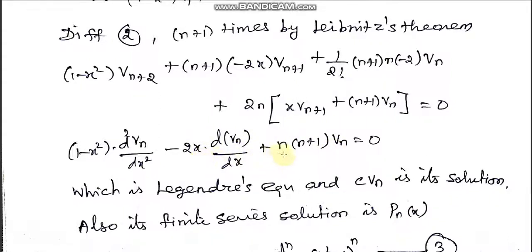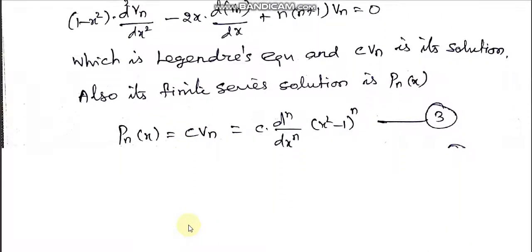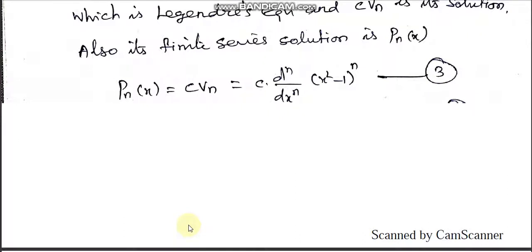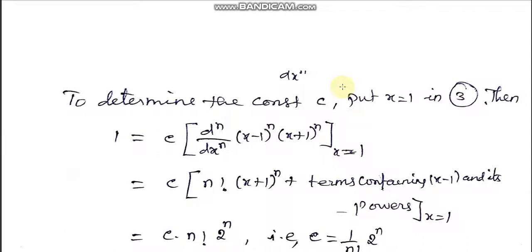This equation is called Legendre's equation, and here c vn is its solution. Also its finite series solution is Pn of x. So Pn of x equal to c vn. Here vn means d power n by dx power n of (x square minus 1) to the power n. Let us take that one as equation 3.